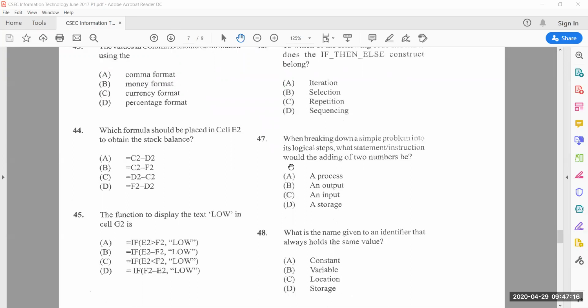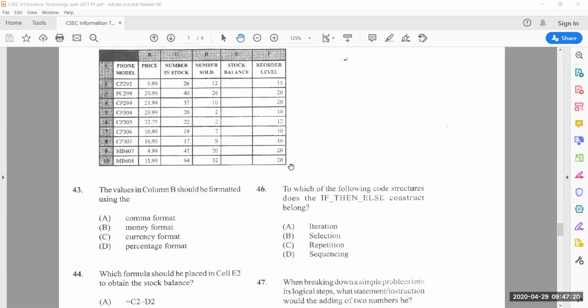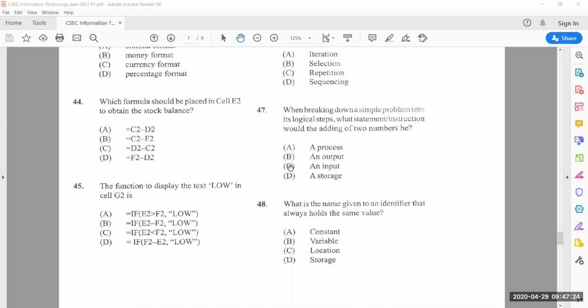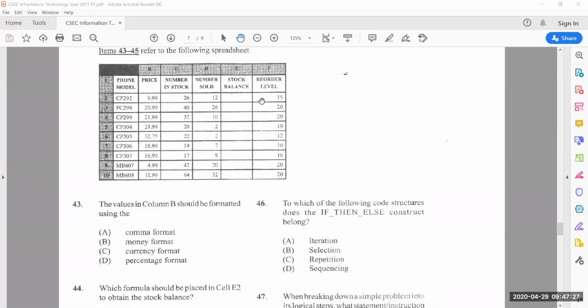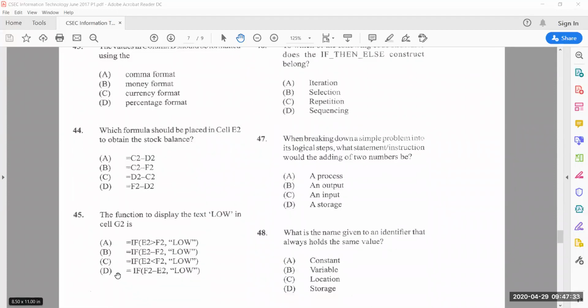Yes, if the stock balance is less than the reorder level, you will display low. All right, so the answer will be C.